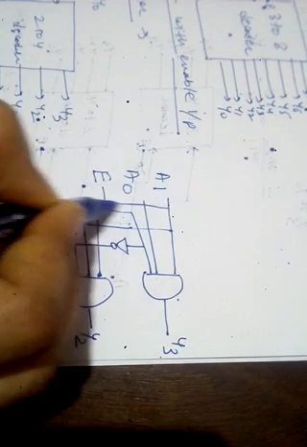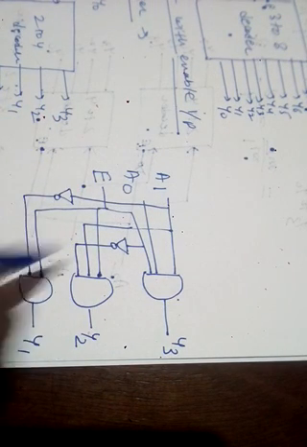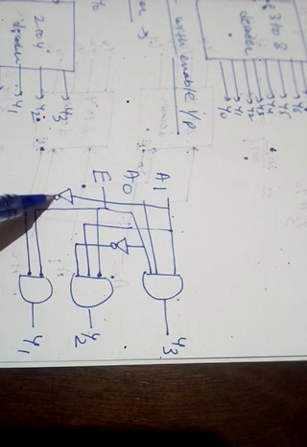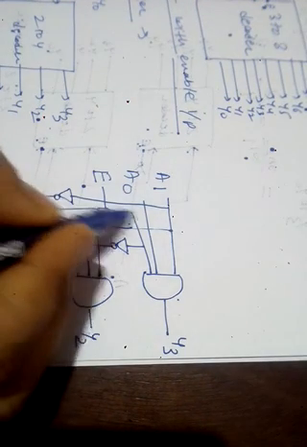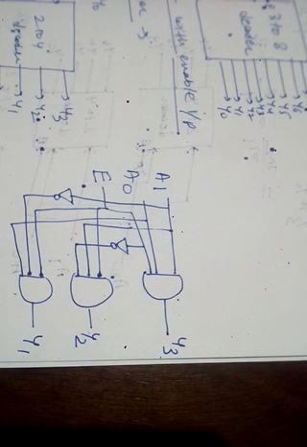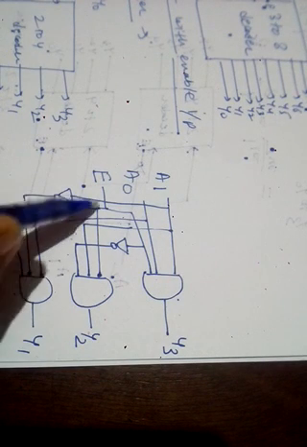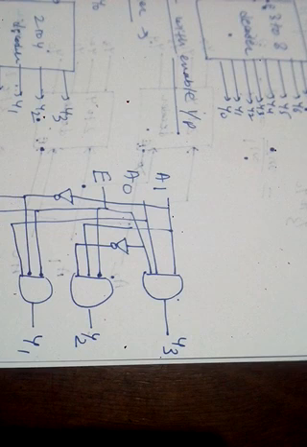So we need one more NOT gate here. This is A1, so the output of the NOT gate will be A1 bar and A0. And for Y0 we need E, A1 bar and A0 bar.